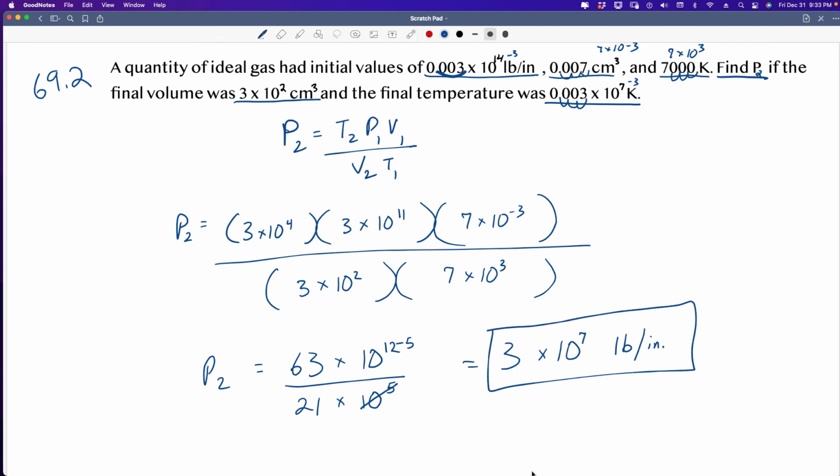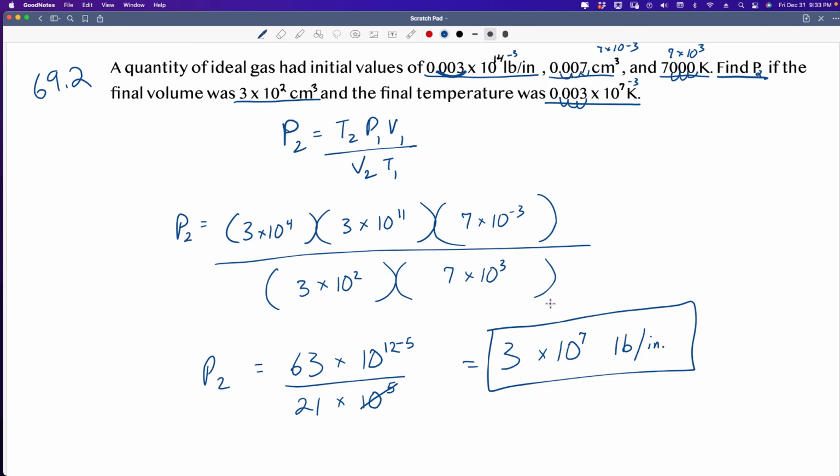Ta-da. It's not super hard once you figure out the steps. And the steps are to solve for what you're looking for just using the formula variables, then sub in the actual values and go ahead and simplify the scientific notation in the process.